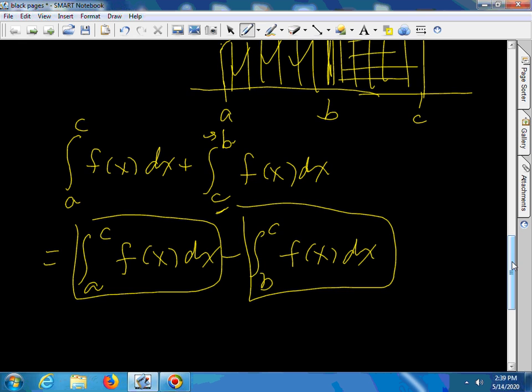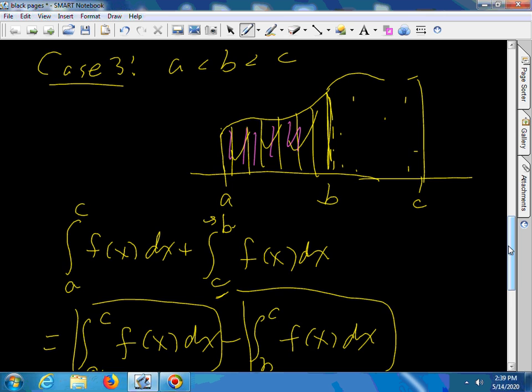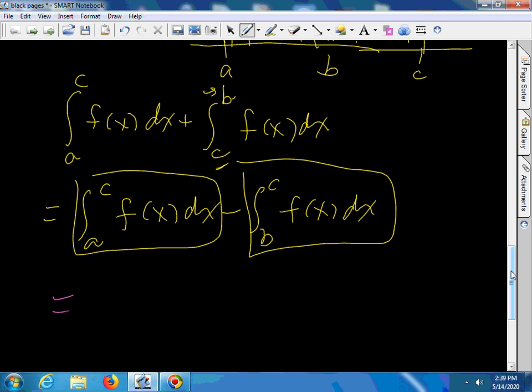It says to take away the area from B to C. It says take all of this away. Well, we're left with just what we want. The area from A to B. This is equal to the area from A to B of f of x dx. So, in all the cases it works.